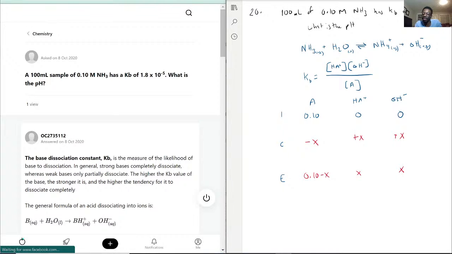Now, to see if we can use a shorthand version, let's see if the concentration is at least 1,000 times bigger than the Kb. So we do 0.1 divided by 1.8 times 10 to the negative 5.